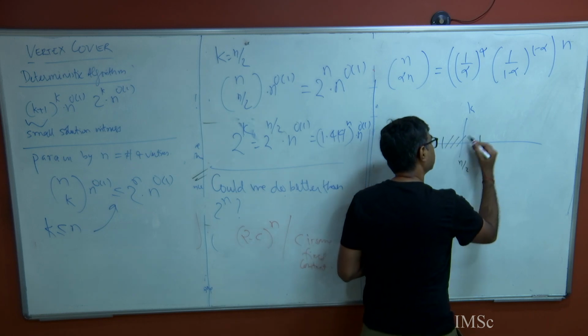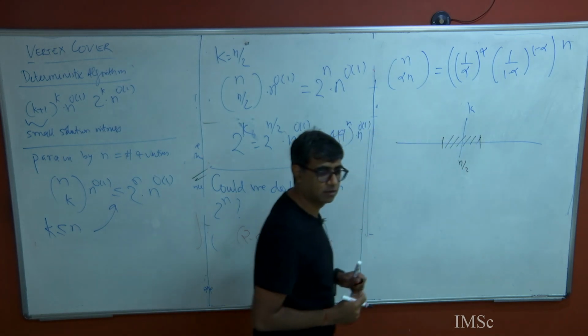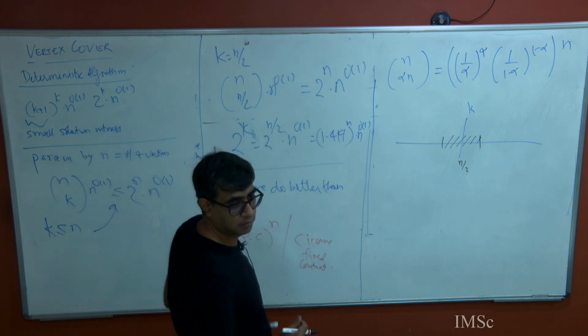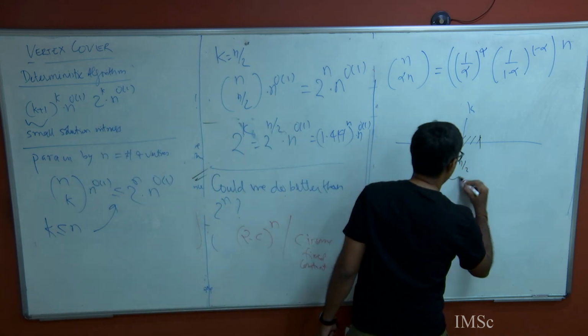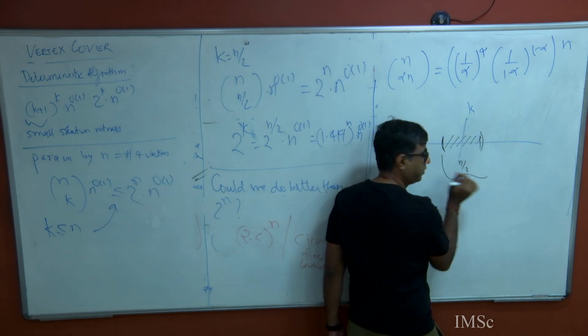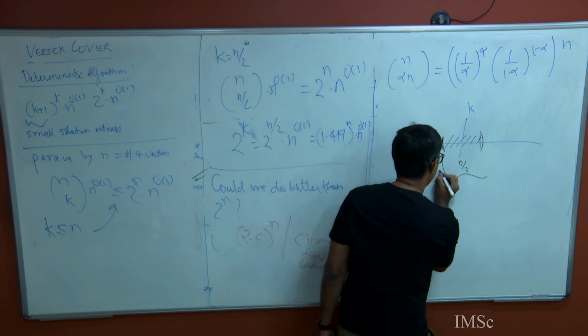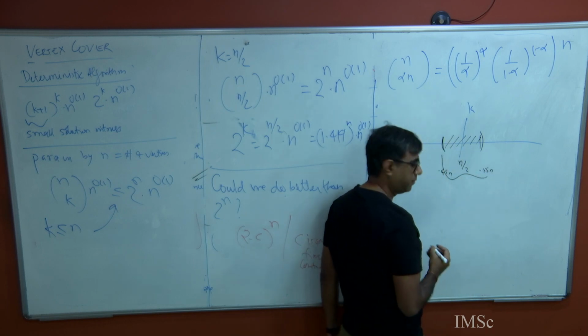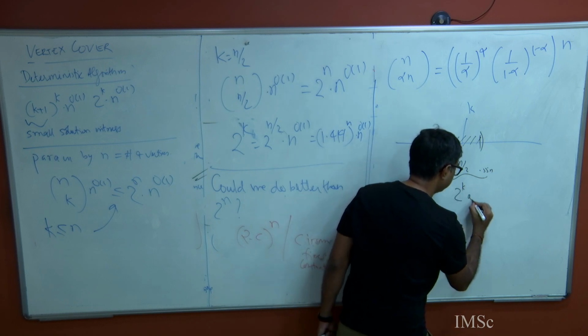Find a small range. What algorithm should you run here? This algorithm, right? What should you run here? Choose a small range around n by 2, maybe 0.45 n to 0.55 n. You run this 2 power k algorithm.